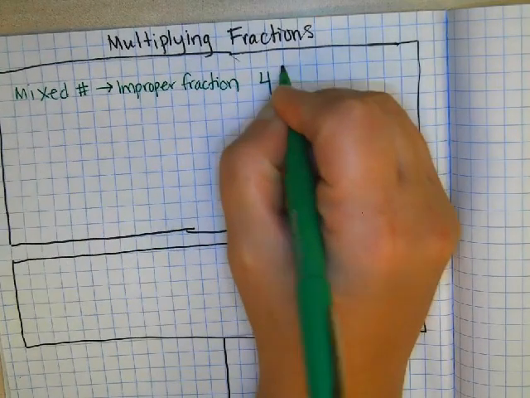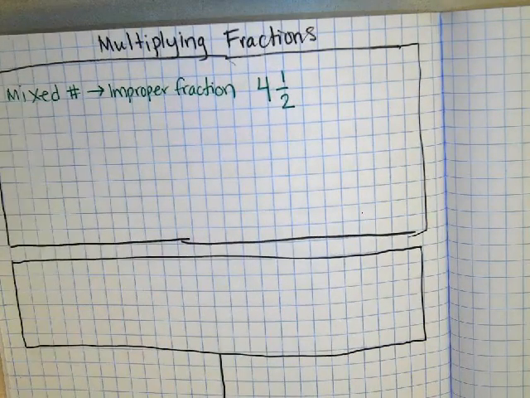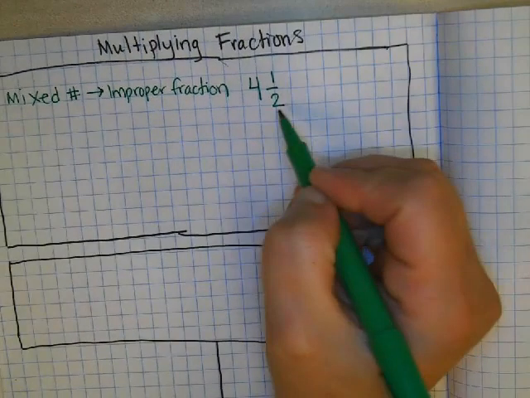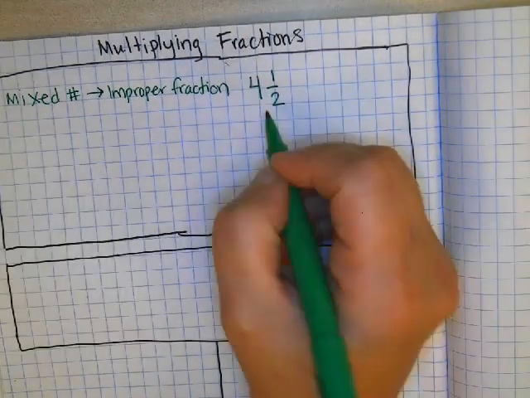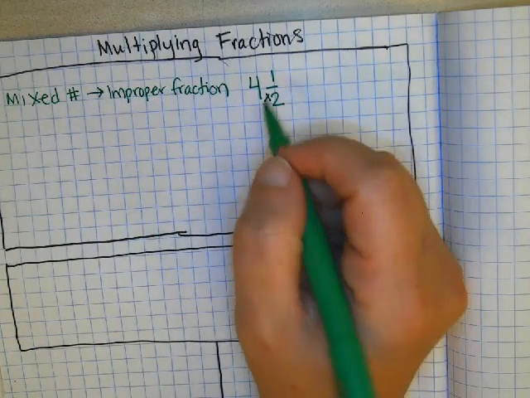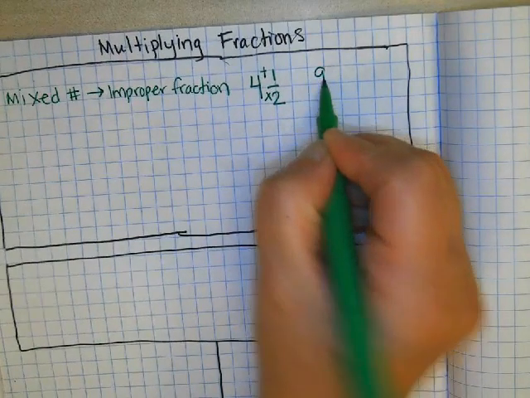So let's start with 4 and 1/2. So we want to make this mixed number improper. To do so, we need to multiply the denominator by the whole number. So 4 times 2 is 8, plus the numerator, plus 1, is 9.